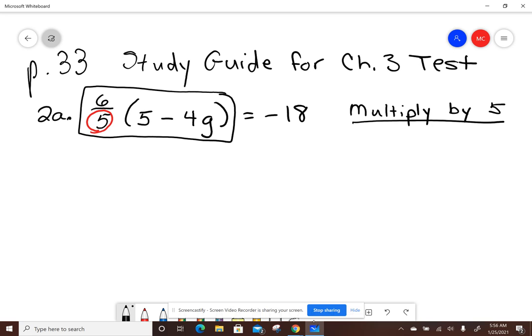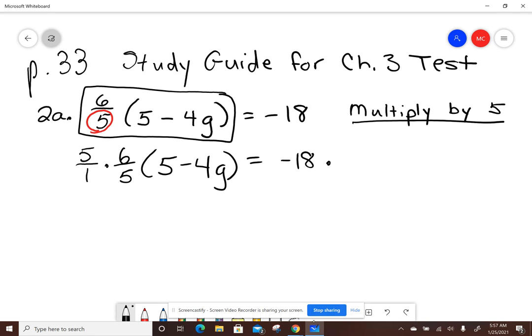So when I multiply this by 5, I really only multiply grandma. Remember, the grandchildren stay where they are. Grandma will take care of multiplying them. So notice I multiplied this side by 5 and this side by 5.